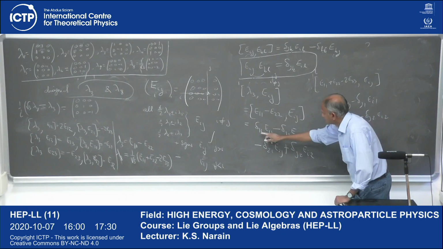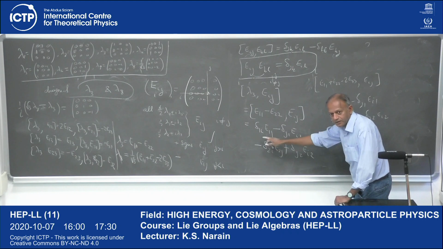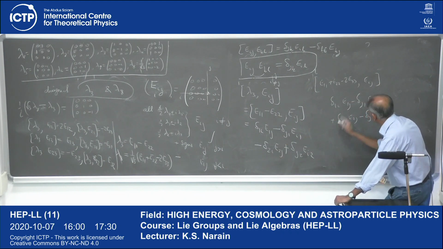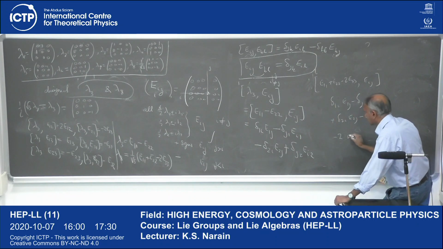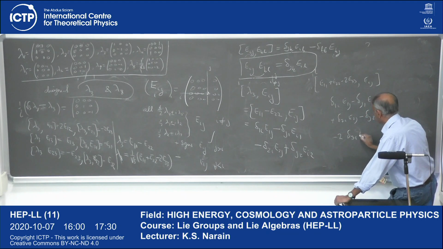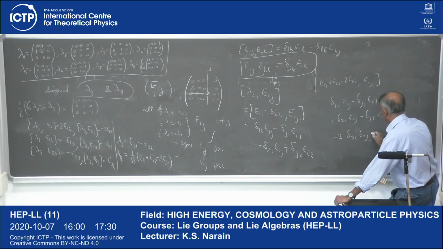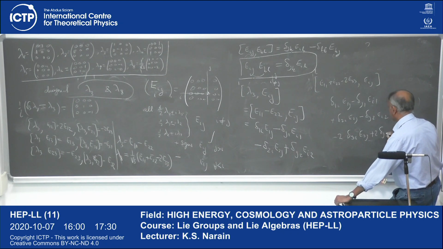From this one result, I just have to replace 1 by 3, but there's a factor of minus 2. So delta 3i E3j and minus plus 2 delta j3 Ei3.